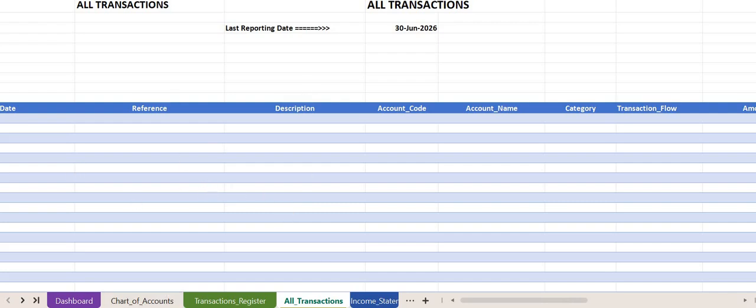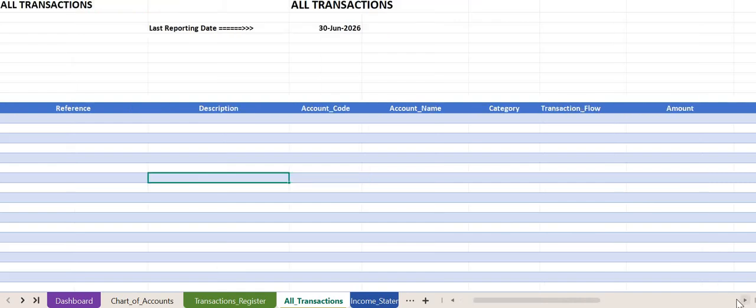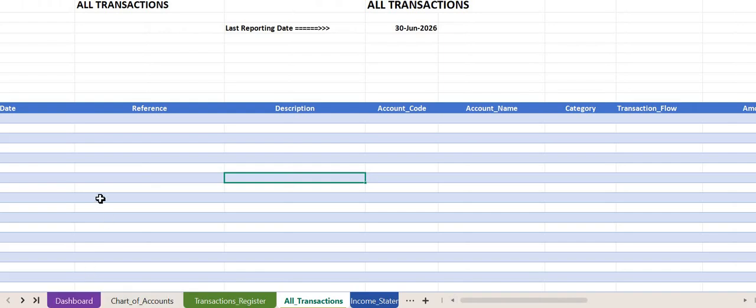It pulls in information from the transaction register, as well as some other registers, like the crops register, and you will see how it all comes together when we get through all that. So it's very important for us to know what it's all about.